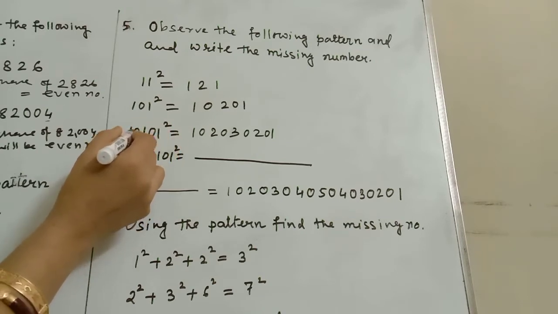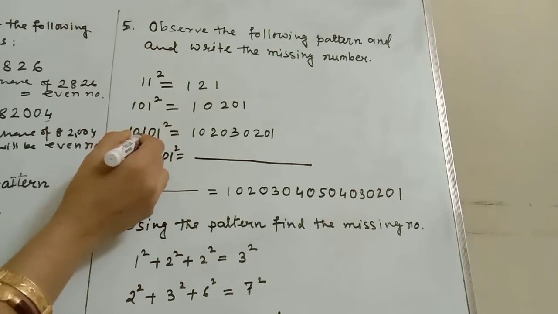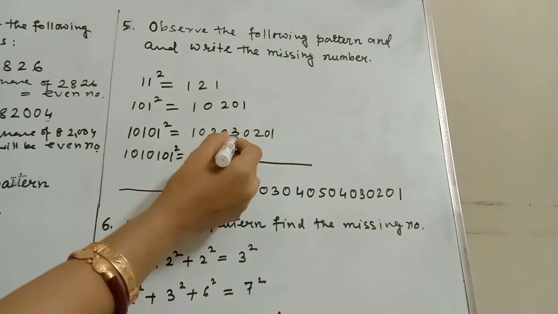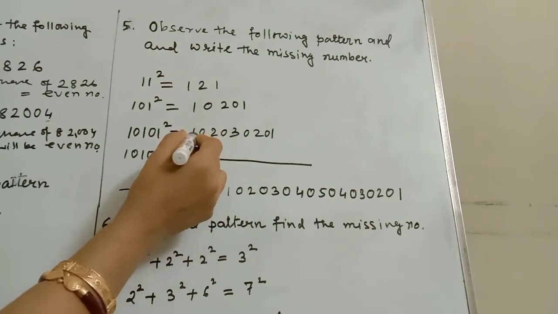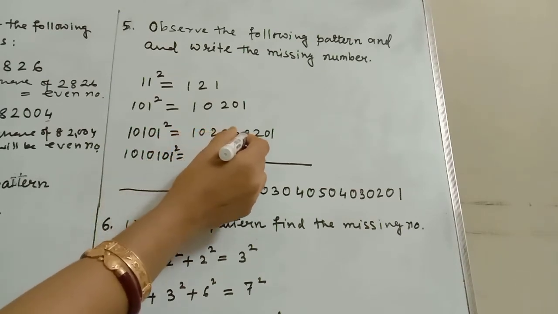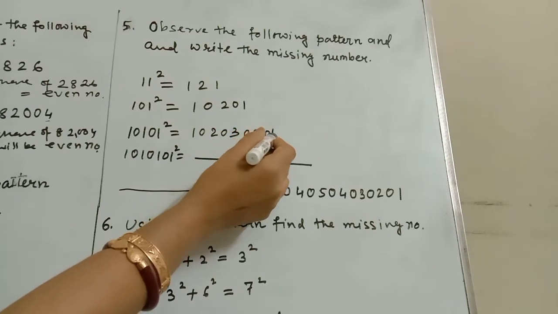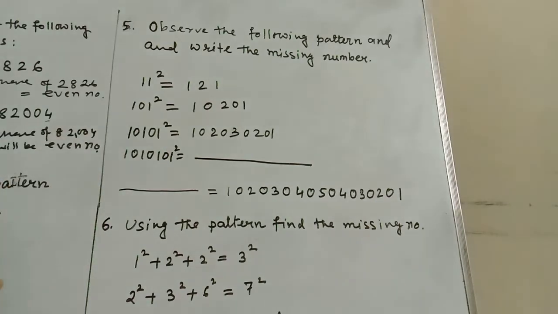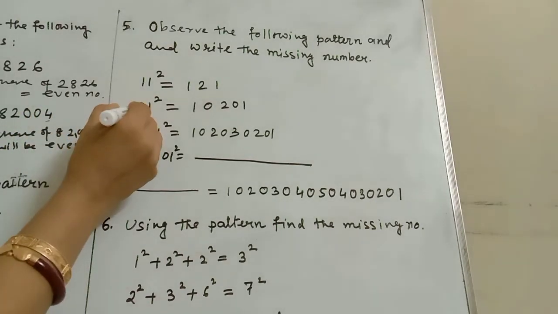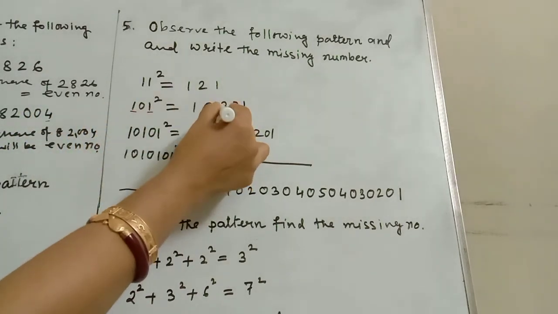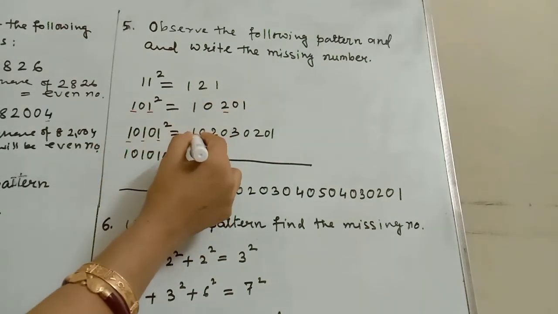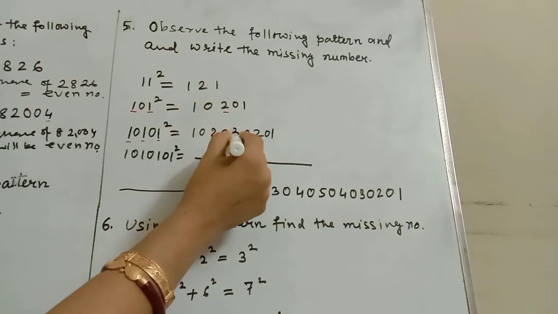When it is 10101 square, how many 1s can you see? 3. So it will go up to 3. See the number 1, 0, 2, 0, 3, then it will be reversed, 2, 0, 1. That means when the number is 1 and 2, it will go up to 2. When the number is 1, 2 and 3, then it will go 1, 2, 3, then again 2 and 1.